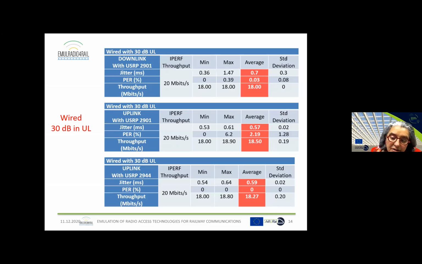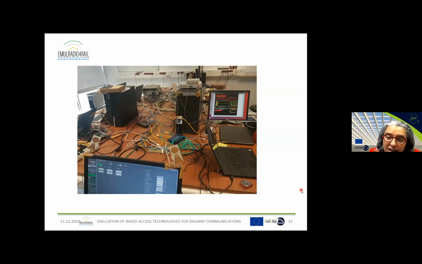We observe quite similar results, in fact, and not so bad, but you can see a small enhancement of the packet error rate, which is normal with a wired connection. So next one.